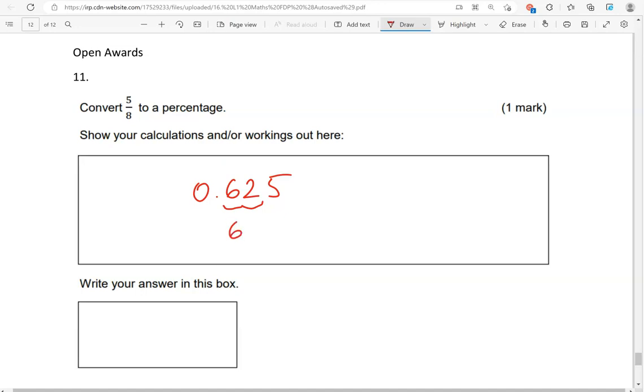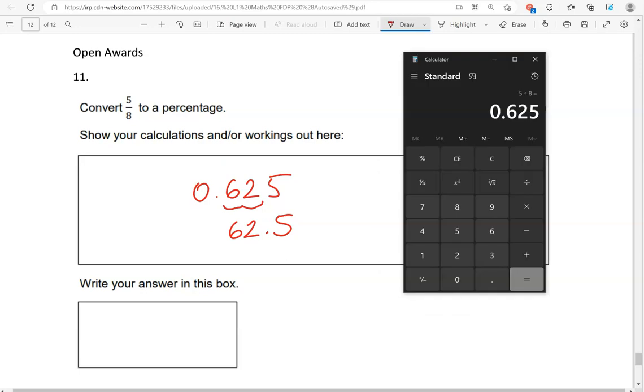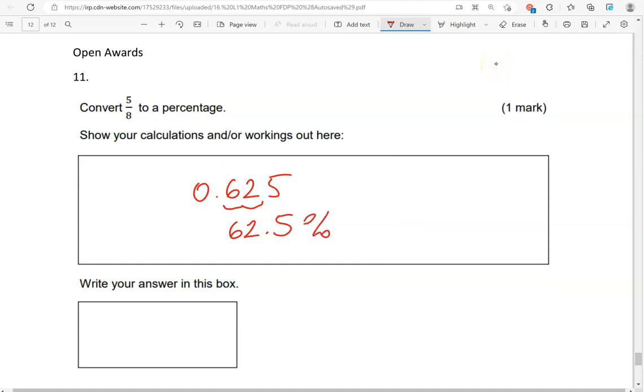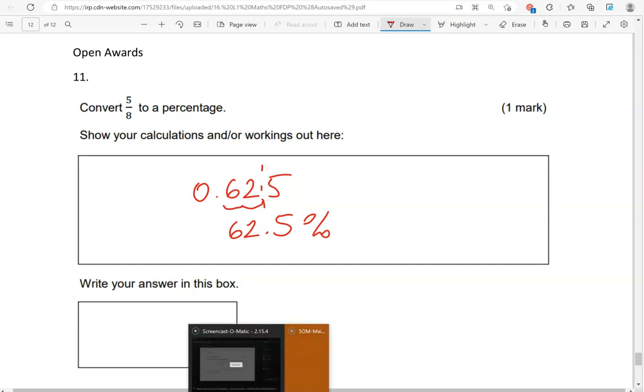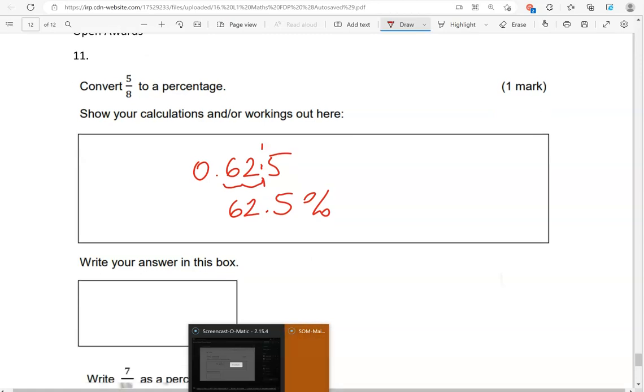So this is 62.5%. You could just go times 100 here if you like, and it gives you 62.5%. Also, linking with money, you'd have 2 digits after the decimal point, so that's why this would be like 62.5 pence. That's why 62.5%.